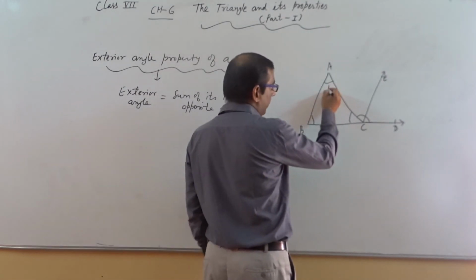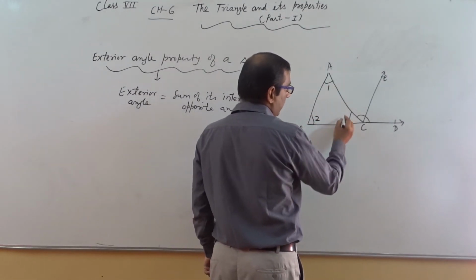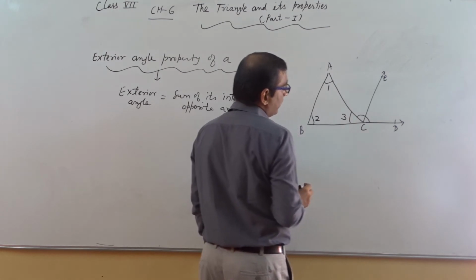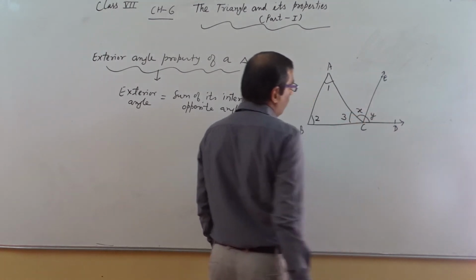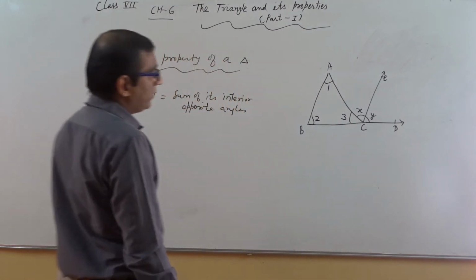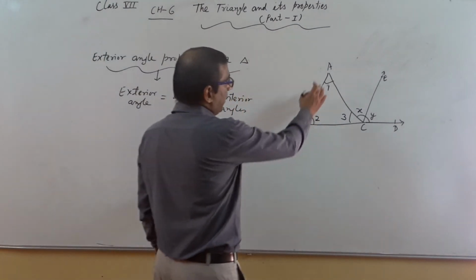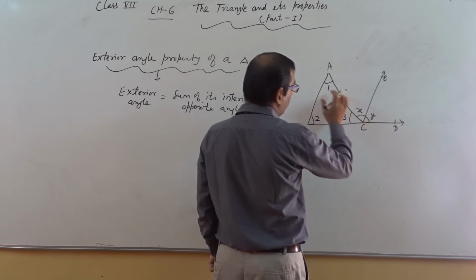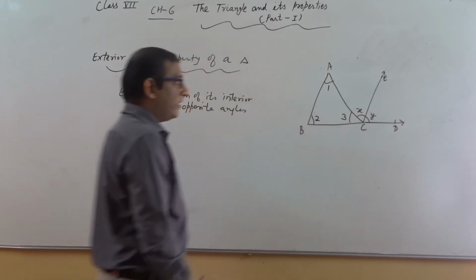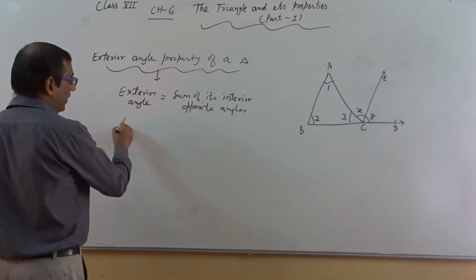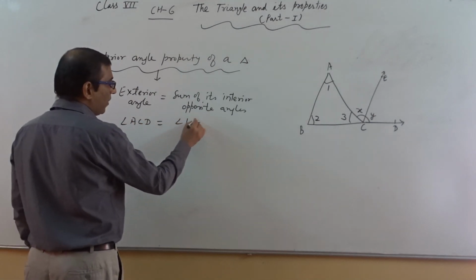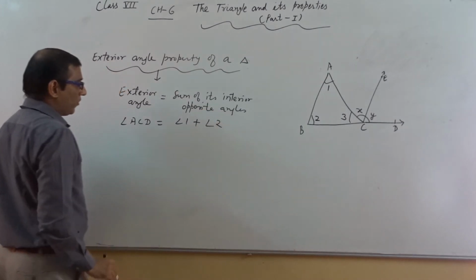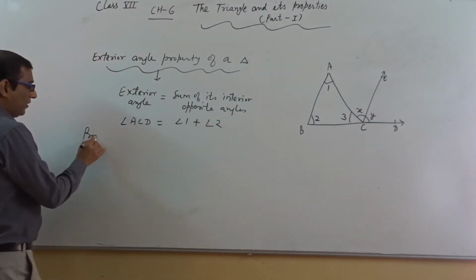If I am taking here 1, here 2, here 3, and if I am here taking x and y, so how can we say the angle ACD is equivalent to the sum of 1 and 2? So we have to prove exterior angle ACD is equal to angle 1 plus angle 2. So how is it possible? So I will give the proof.